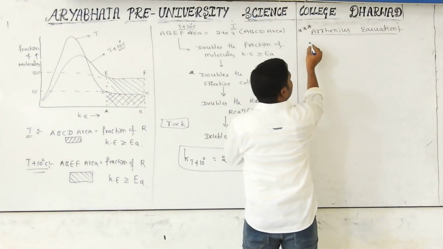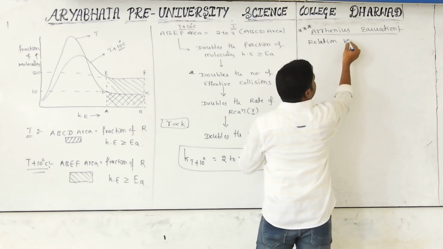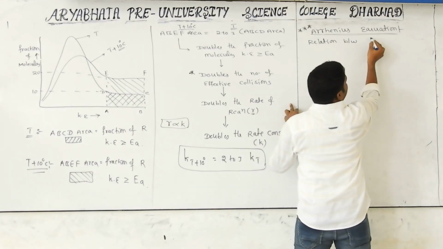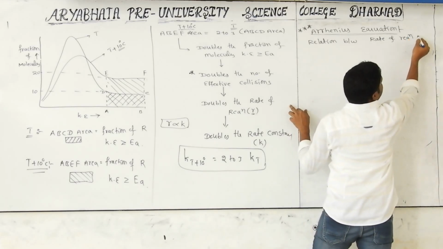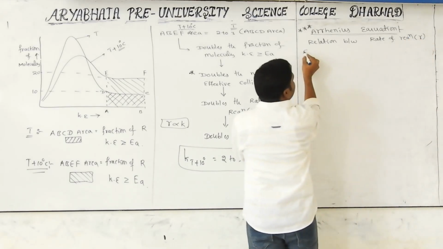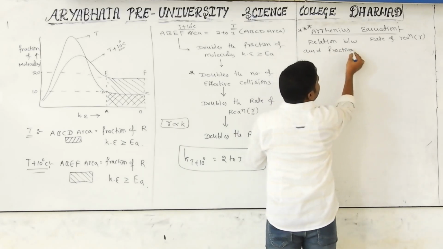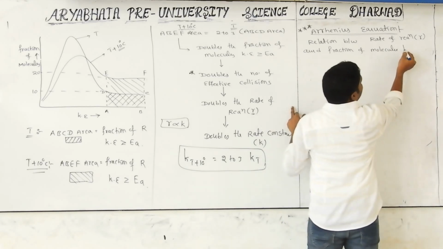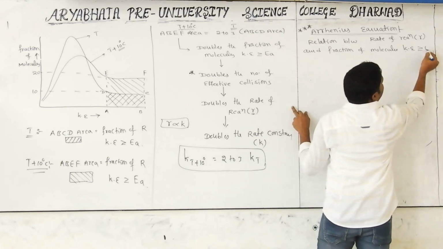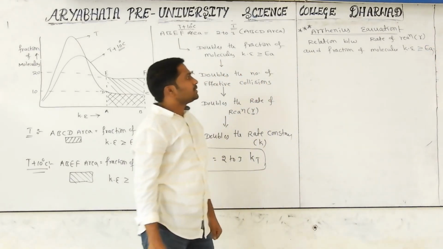He gave a relation between the rate of reaction, indirectly the speed of reaction, and the fraction of molecules. Fraction of molecules means reacting molecules which have kinetic energies greater than or equal to activation energy.